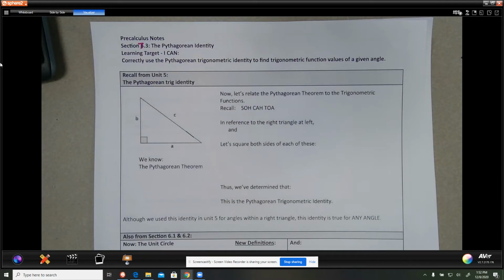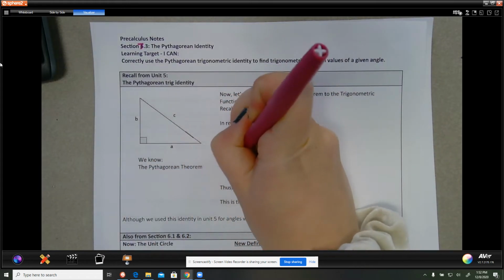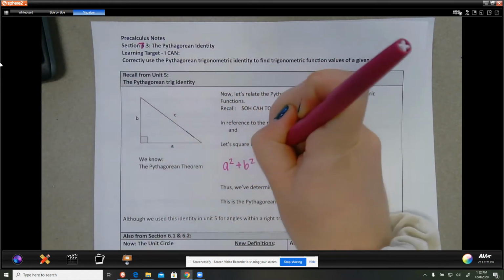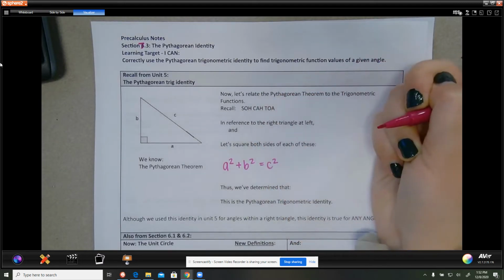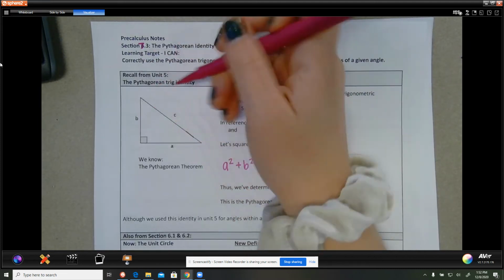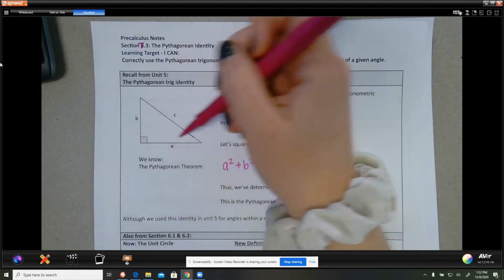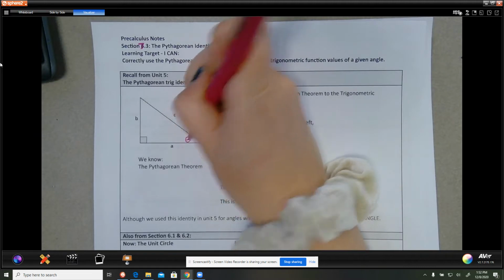So let's start with, we've heard the Pythagorean title before. That's giving us the Pythagorean theorem: a squared plus b squared equals c squared. If that were this triangle right here, we'd have the hypotenuse side and the two legs. I'm going to say that we have a theta here.